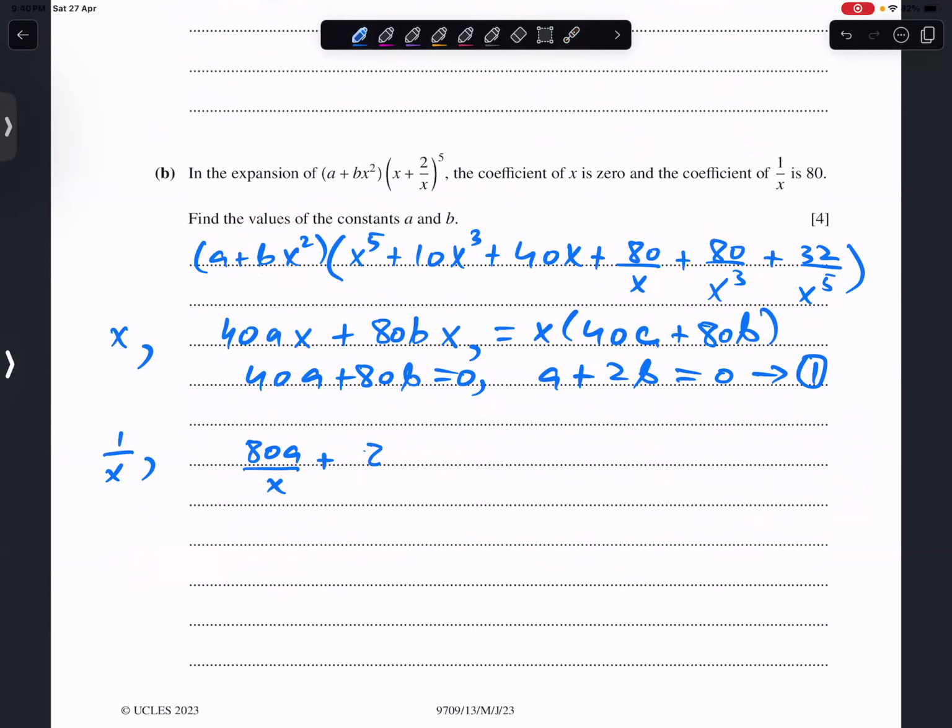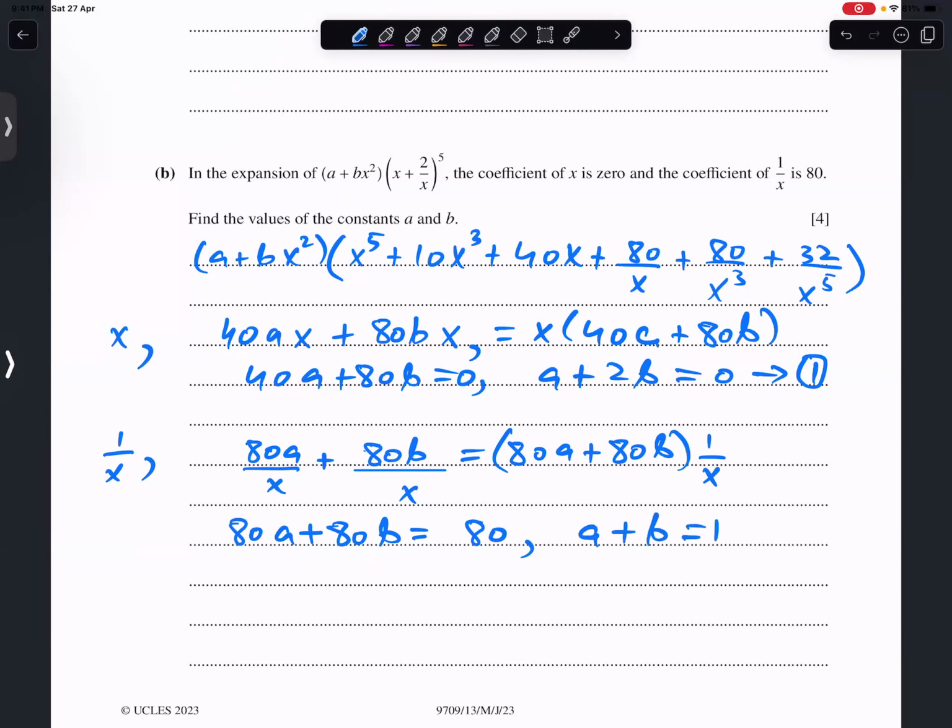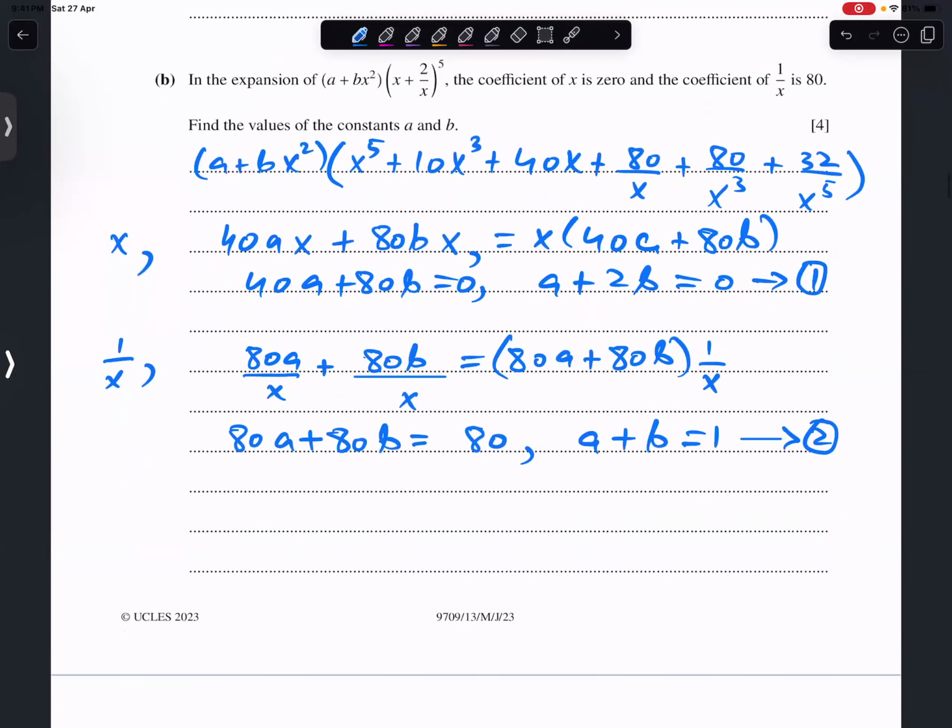So that will be 80b over x. So that means 80a plus 80b into 1 over x. So 80a plus 80b is equal to 80. Dividing by 80, you will get a plus b is equal to 1. So that is my equation number 2.